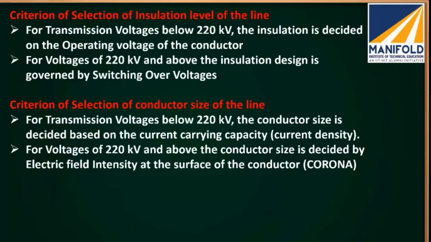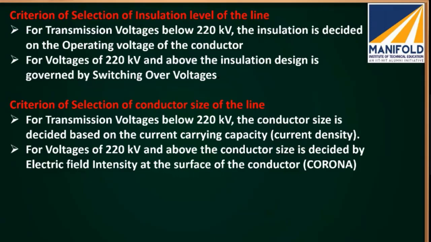So what is the criteria for selecting the insulation level of a transmission line? As I told, we have to design the insulation based on the phase to neutral voltage.